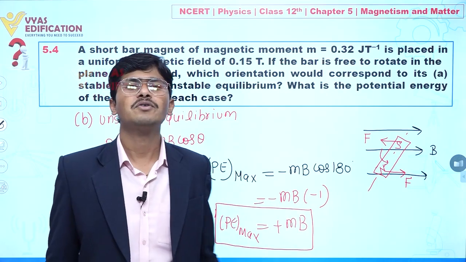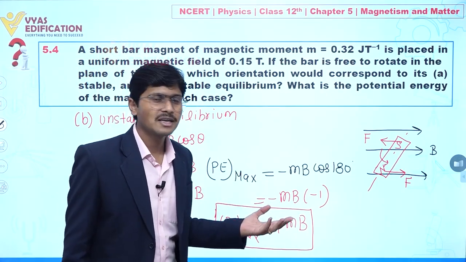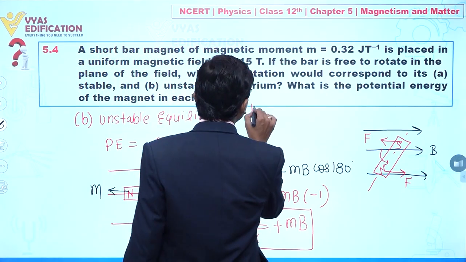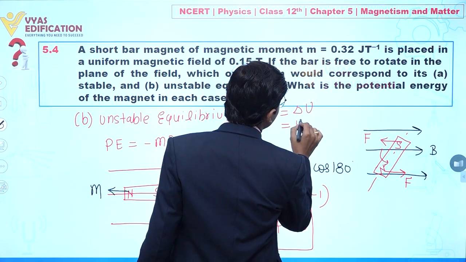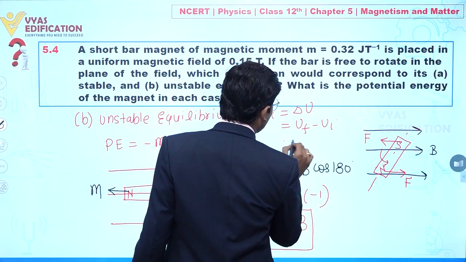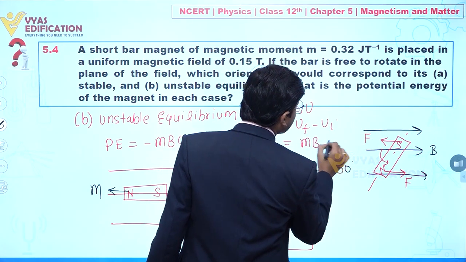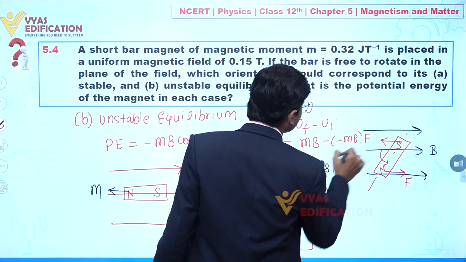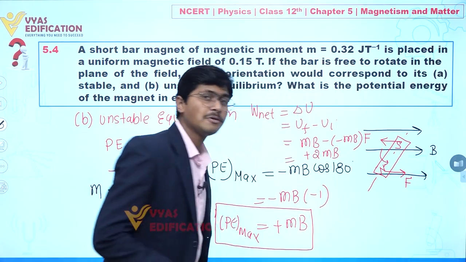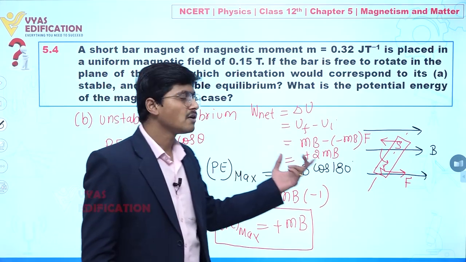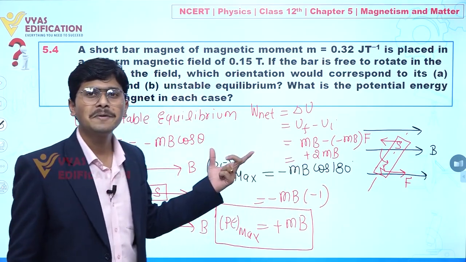What is the total amount of external work to be done? The net work done equals the change in potential energy, U final minus U initial, which is mb minus minus mb. So this is plus twice mb. This is a very important question, students. In total we have to provide twice mb of work.